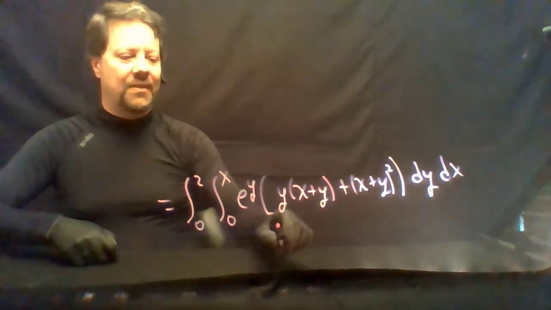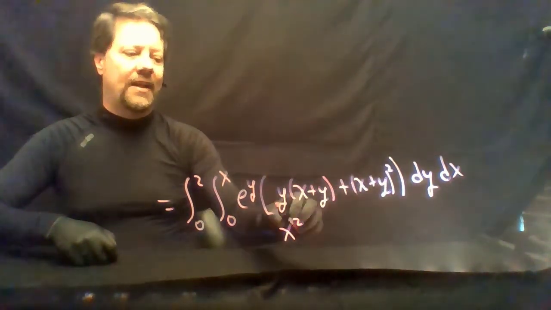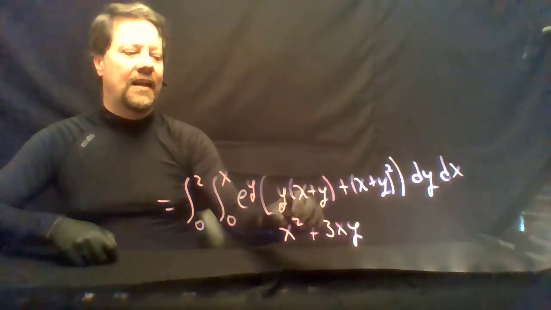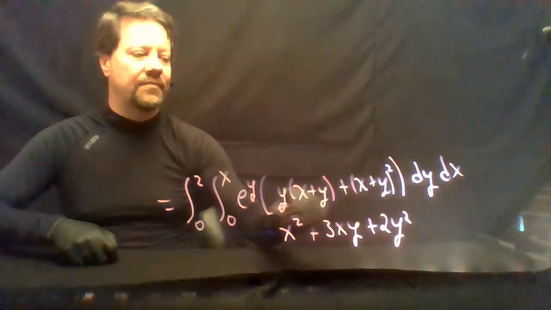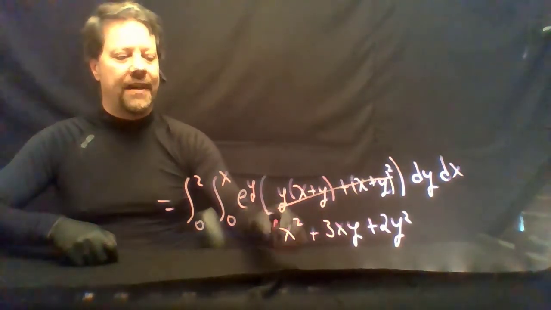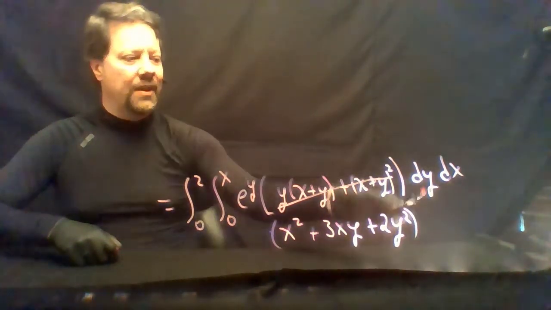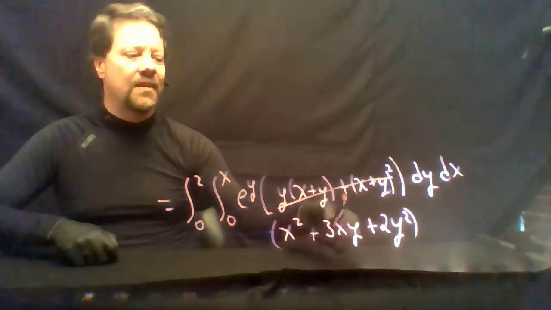Multiplying this out, you can see that we'll have an x squared, a 2xy plus another xy gives us plus 3xy, and then we'll have a y squared and another y squared, so plus 2y squared. All of that is multiplied by this e to the y. We're integrating with respect to y, so x is constant in this integral.